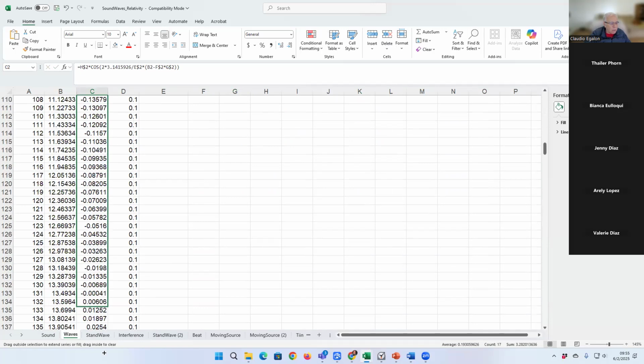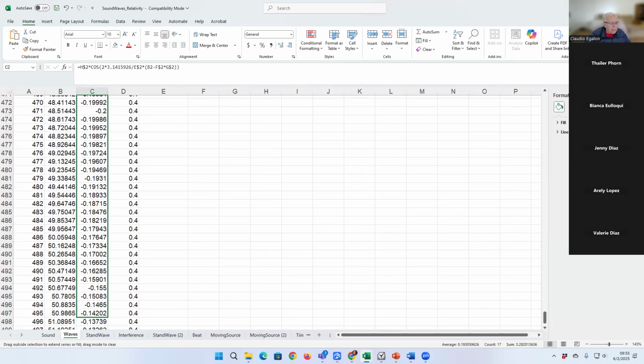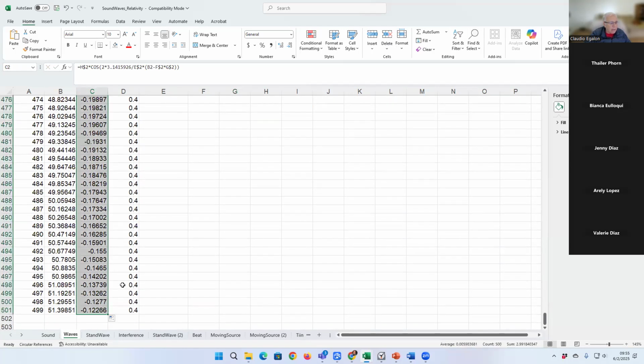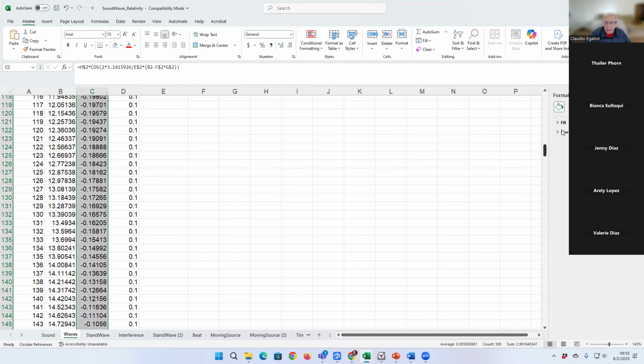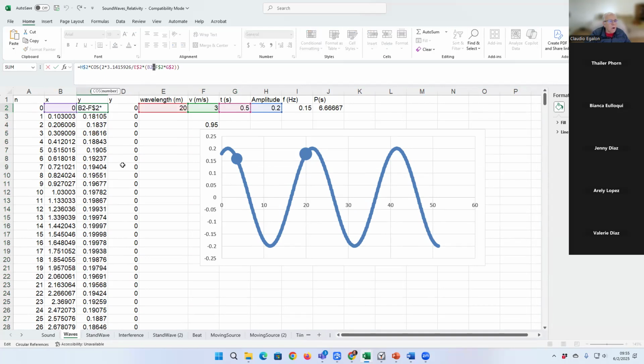All I have to do to simulate a forward propagating wave is to add a negative sign in here. See, this negative sign here is the one that dictates which direction the wave propagates, either to the right or to the left.